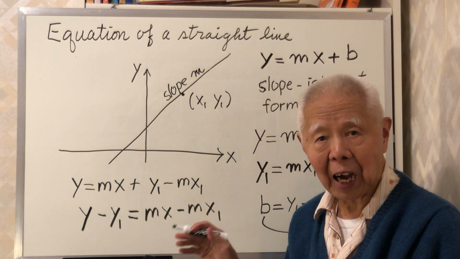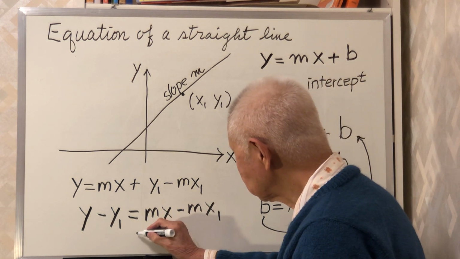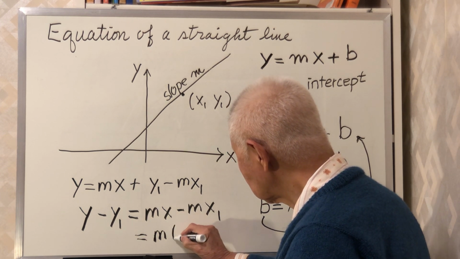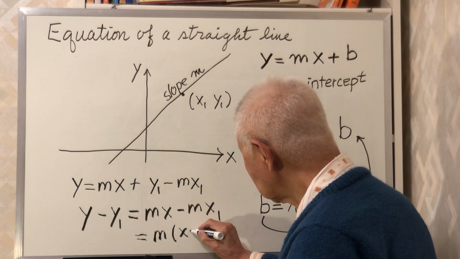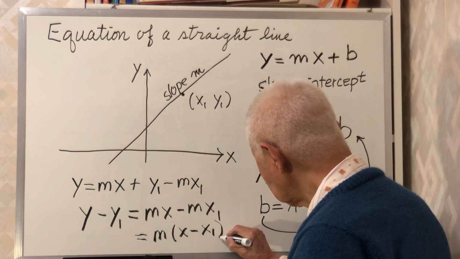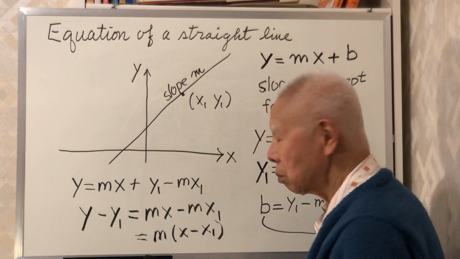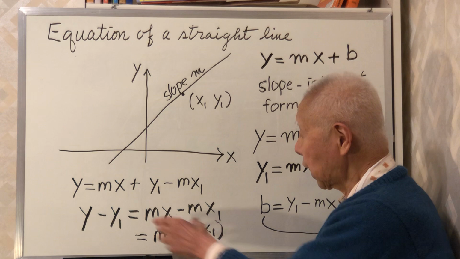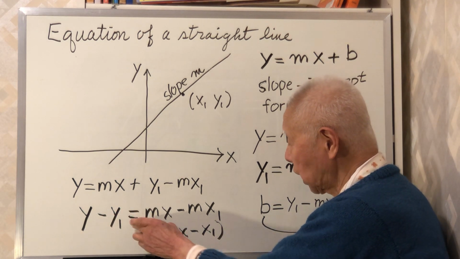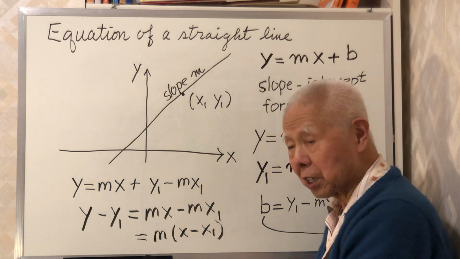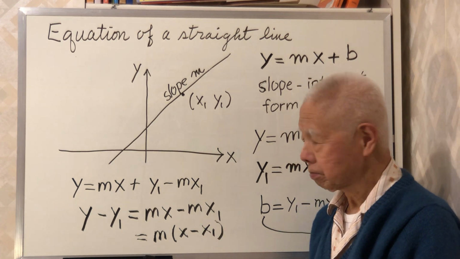I can factor out the m. So after I factor out m, I have y minus y1 equals m multiplied by x minus x1 in brackets.